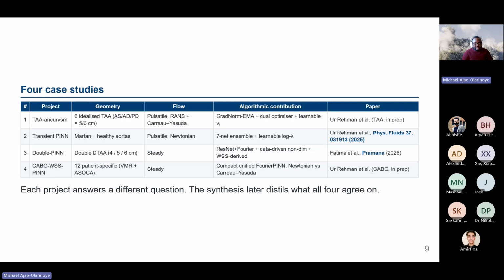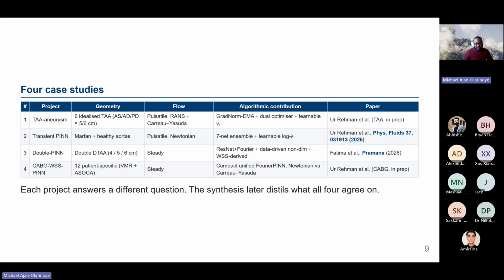And for the double thoracic PINNs, we had a steady-state flow, and we used ResNet. I'm pretty sure some of you are familiar with how ResNet works. We used ResNet and the Fourier transform for the spectral bias aspect of it, and a data-driven non-dimensional way of standardizing the data. And we also derived the wall shear stress from the velocity equations.